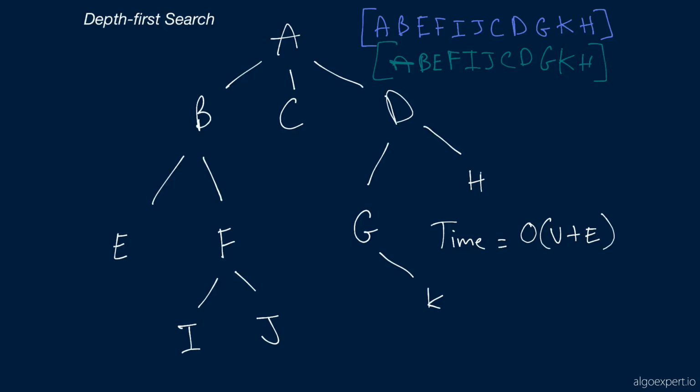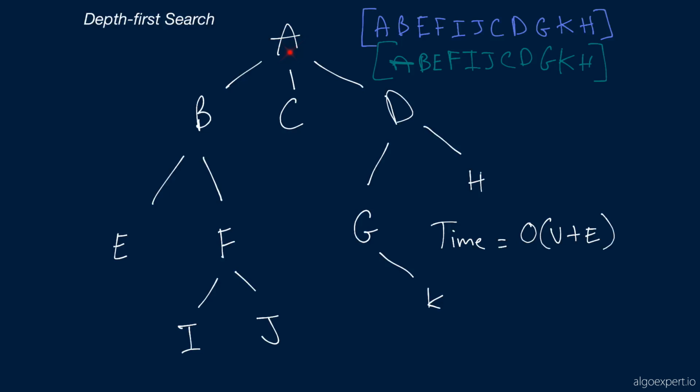But on top of that, at every vertex, we iterate through the children nodes of that vertex, and we call the depth first search function. And when we iterate through those children nodes, we're probably going to be using a for loop. What's the length of that for loop? Well, it's however many children nodes we have. Or in other words, how many edges are coming out of the current node.